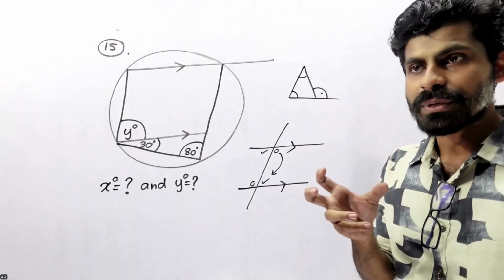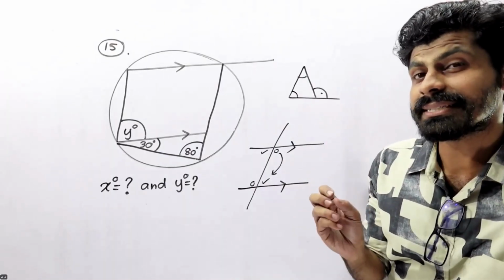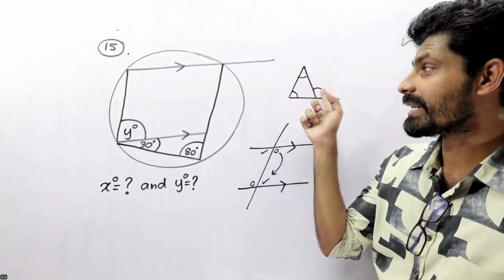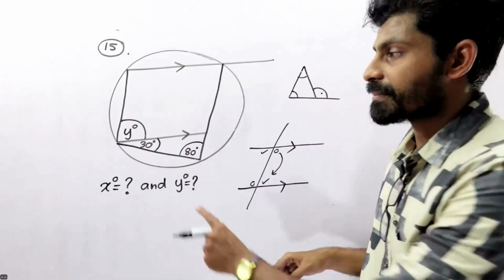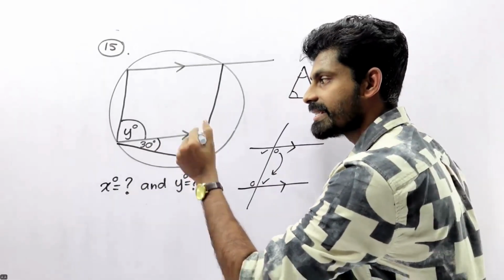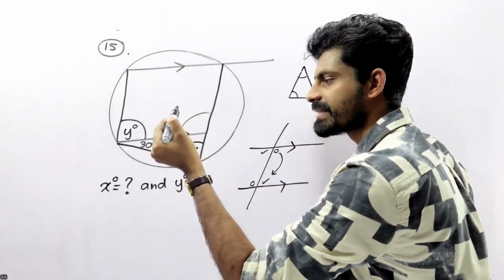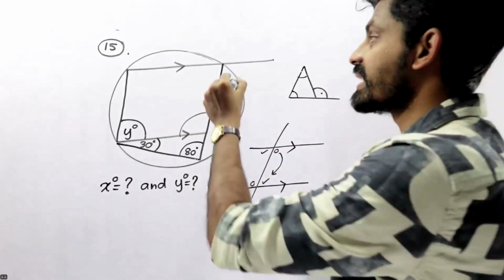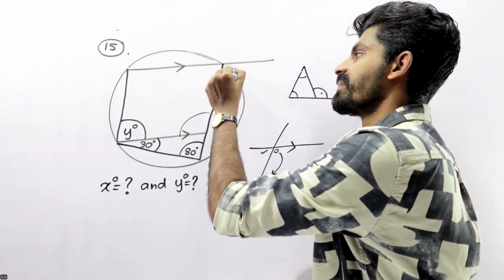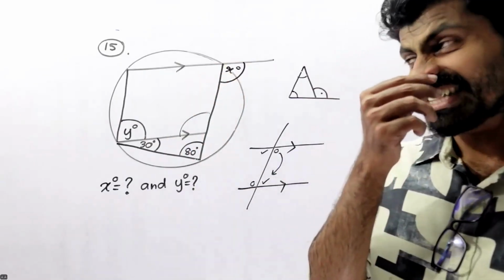So that means 30 plus 80, I'm taking this one, is how we can find the x value. This is the value of x.